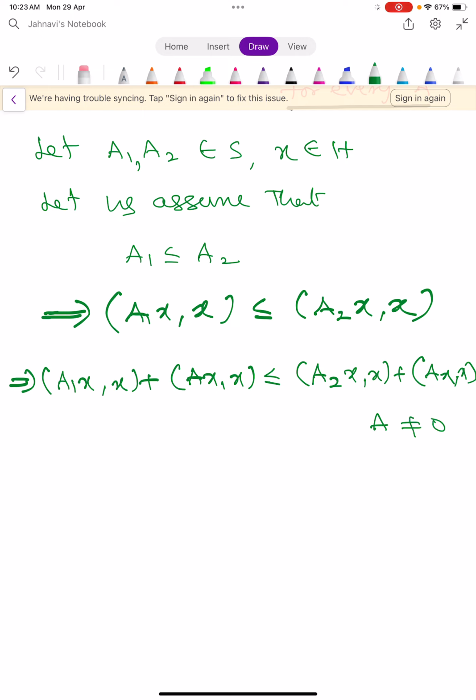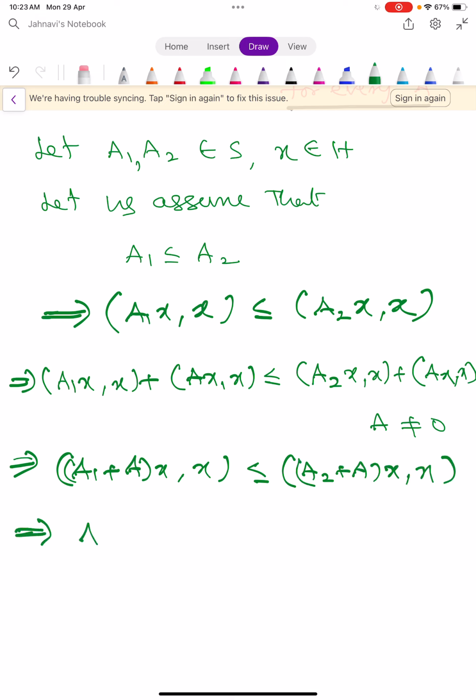Which implies inner product of a1 plus a x comma x less than or equals to inner product of a2 plus a x comma x.